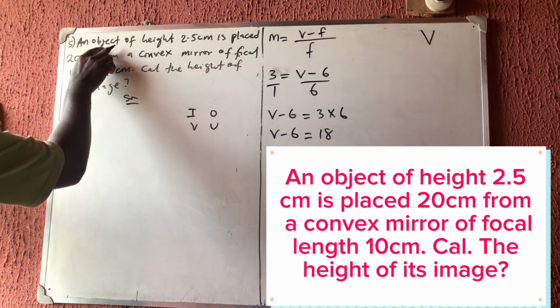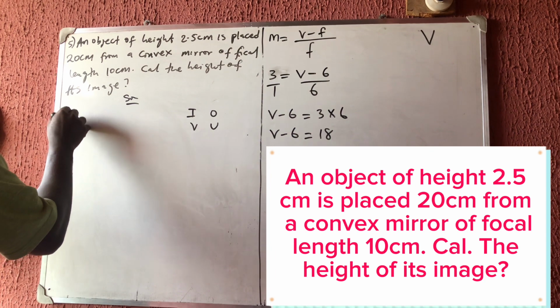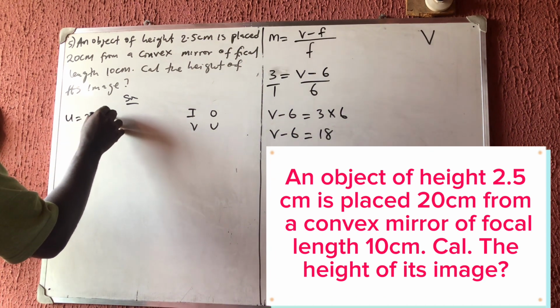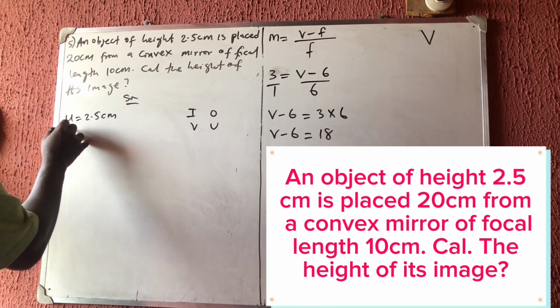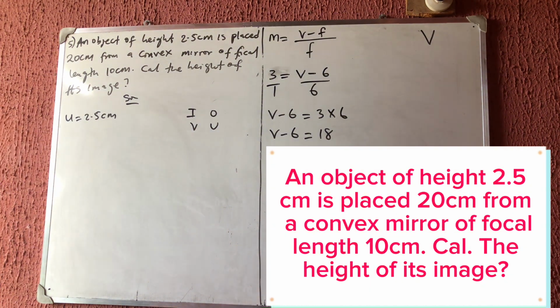So for the object, they gave us 2.5 cm. The object is placed 20 cm from the convex mirror of focal length 10.